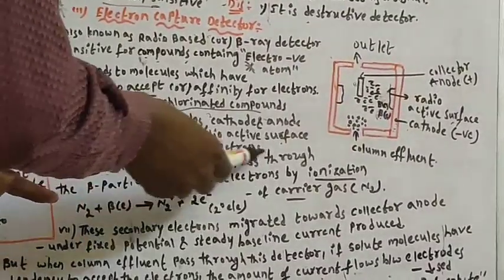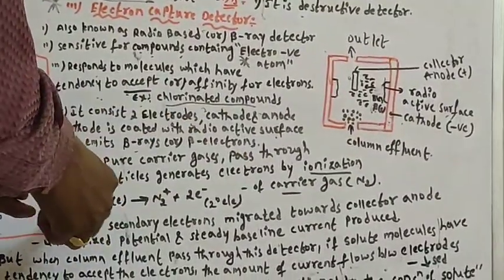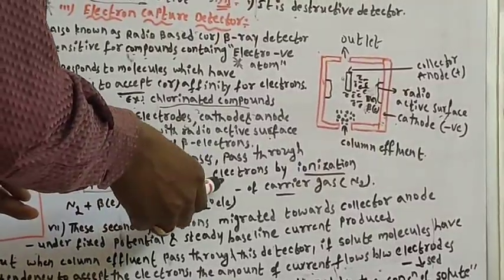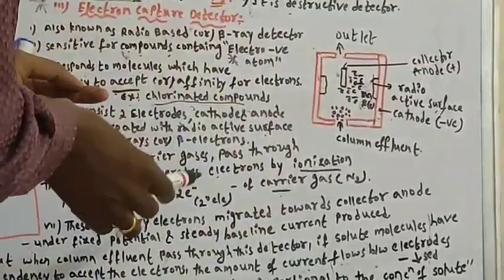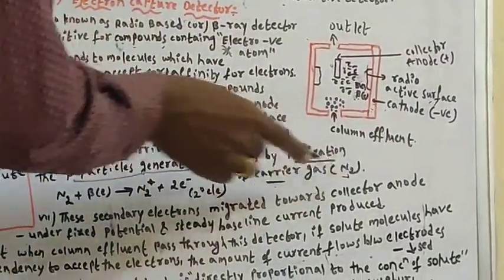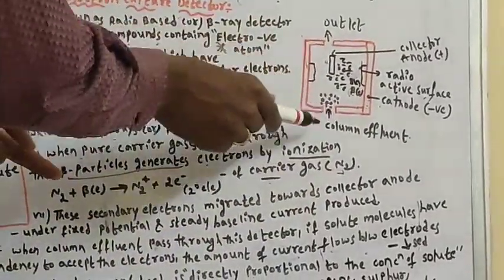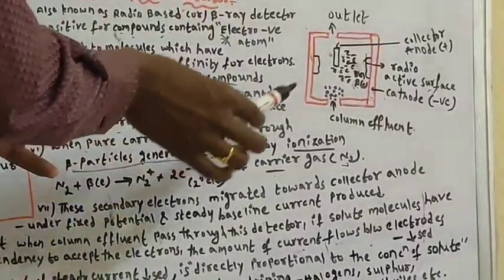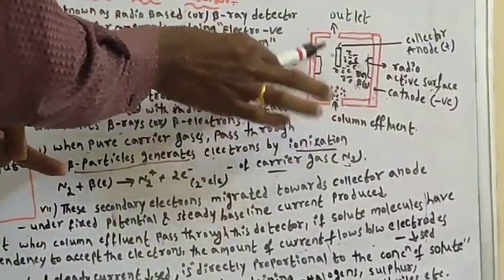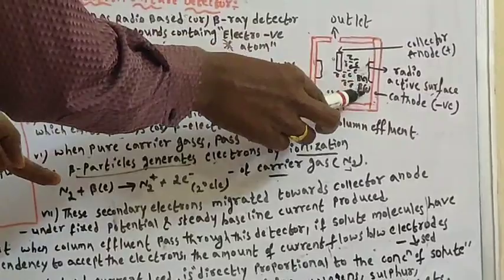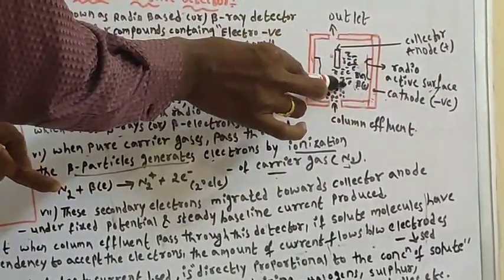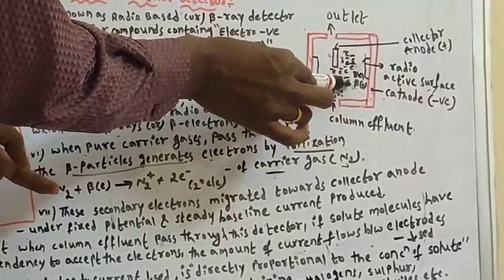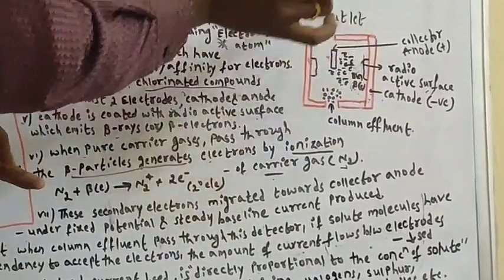When pure carrier gas passes through this detector, the beta particles generate electrons by ionization of the carrier gas, which in this detector is nitrogen. The beta electrons collide with the carrier gas molecules and ionize them, producing electrons.